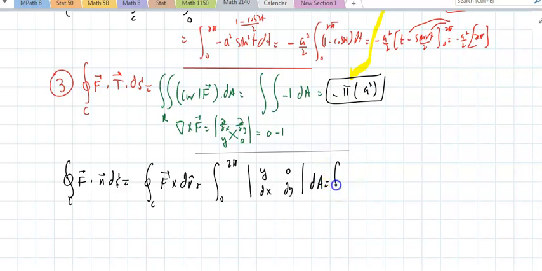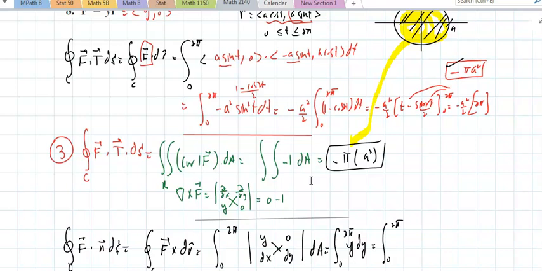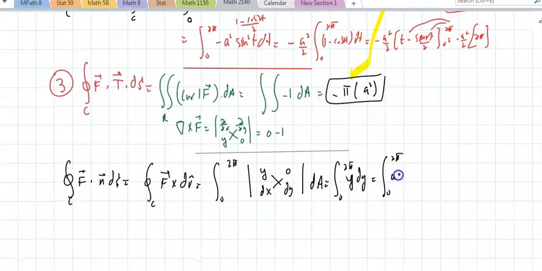That would be the integral from 0 to 2 pi of, let's see what that is. Isn't that just y dy? And what is y in this case? Isn't y a sine of t? And what is dy? Isn't dy a cosine of t dt?